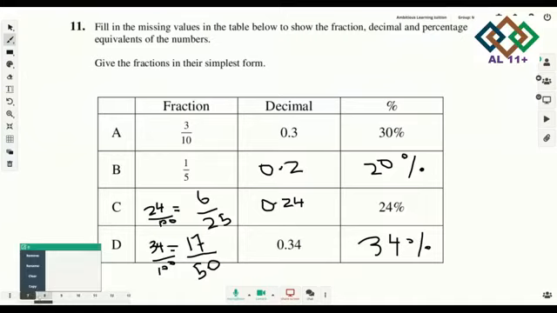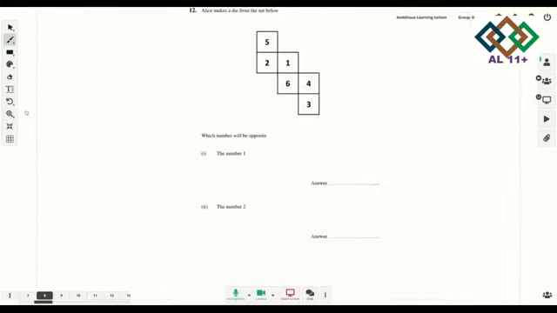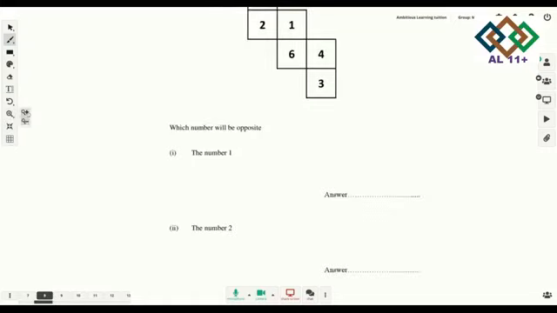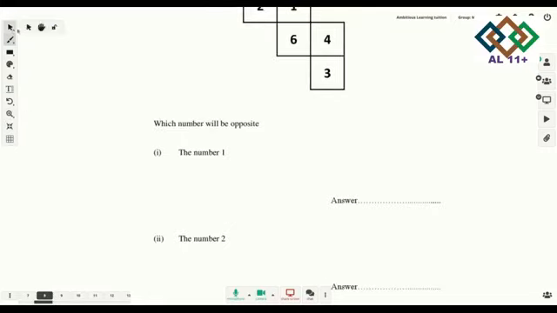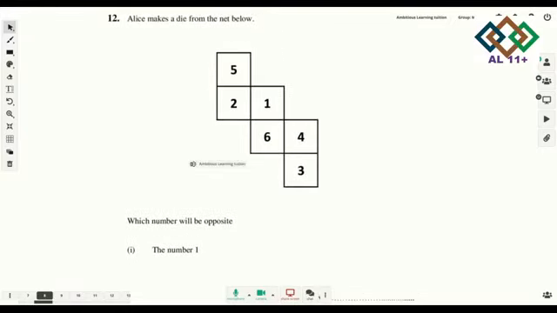So let's move on to number 12, and let me zoom in again for you. Alice makes a dice from the net below. This is a net and she's made a dice.